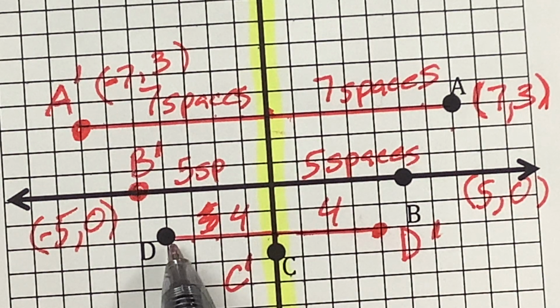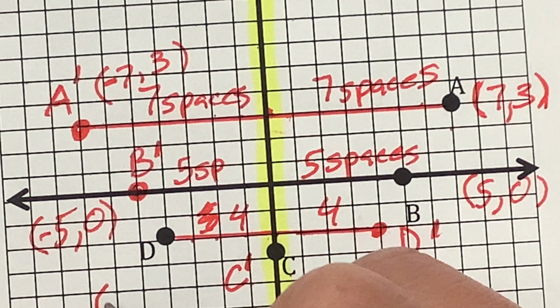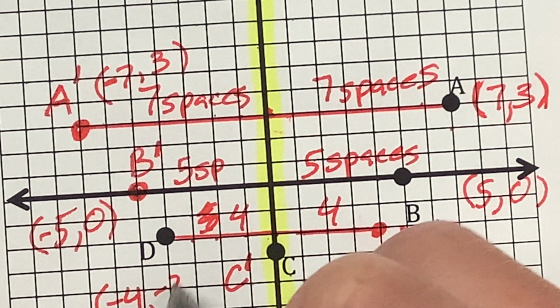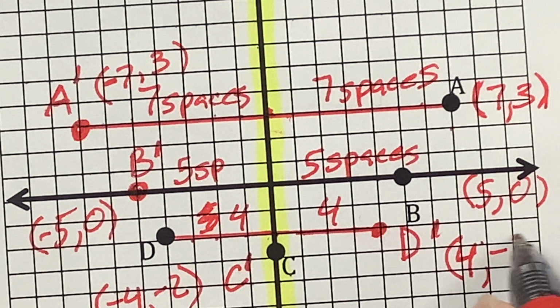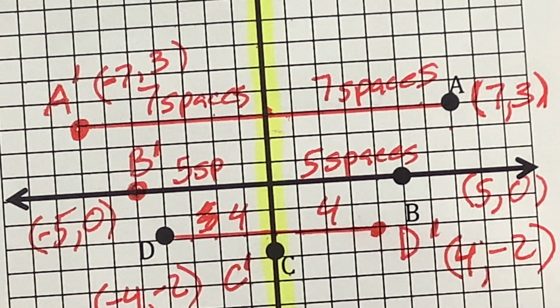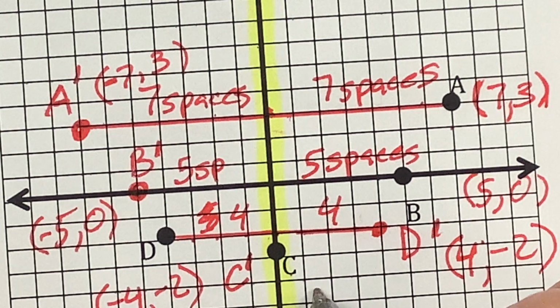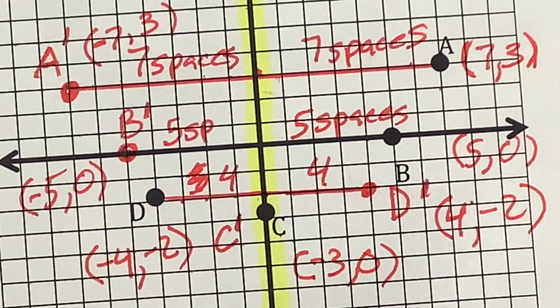D was negative 4, negative 2 to start with, and the new D prime is at positive 4, negative 2. And C is still on the line, so it's at 0, negative 3, and it stays at 0, negative 3.